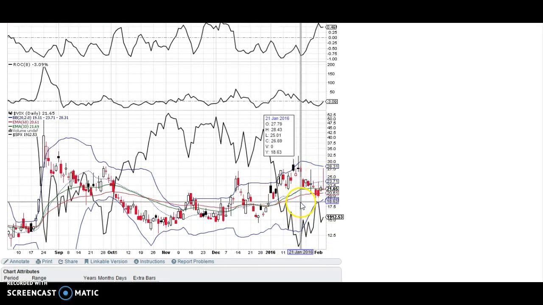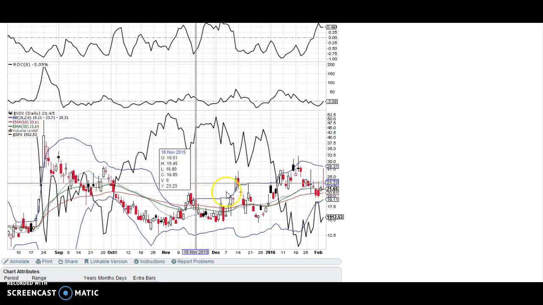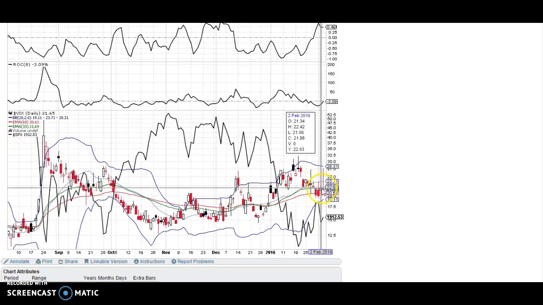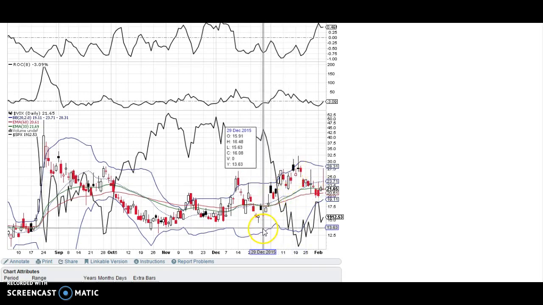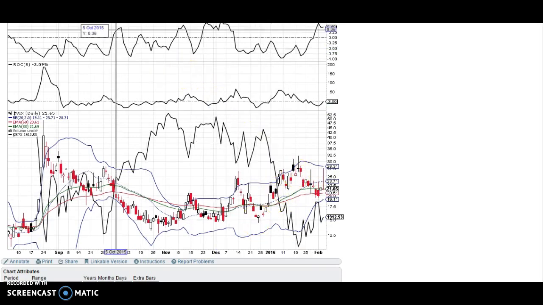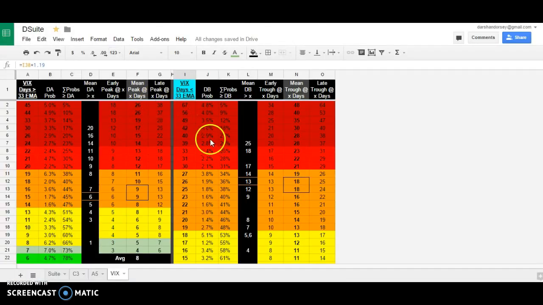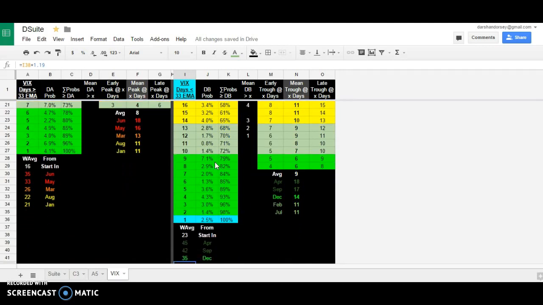But based on this 33-day exponential moving average in green, you can see it labeled right here. Right now we're right on it. But based on how many days we've been trending above or below that statistically over the last decade plus, I've put together this table here to tell us what the probabilities are of that run continuing.